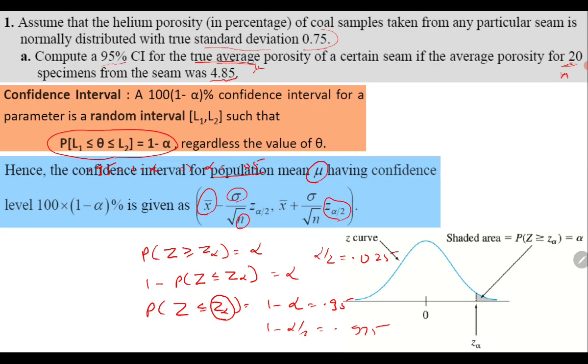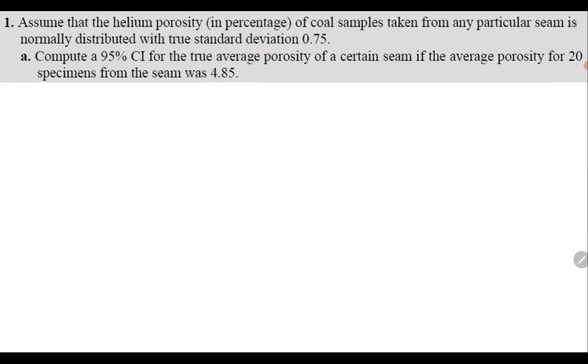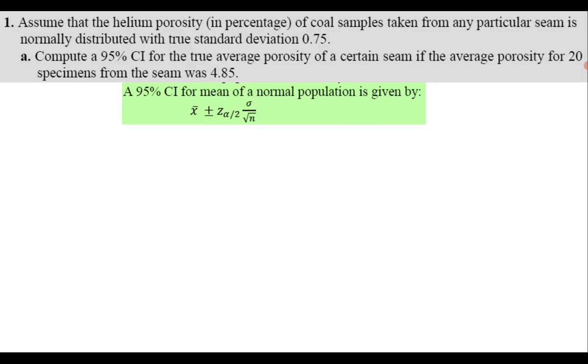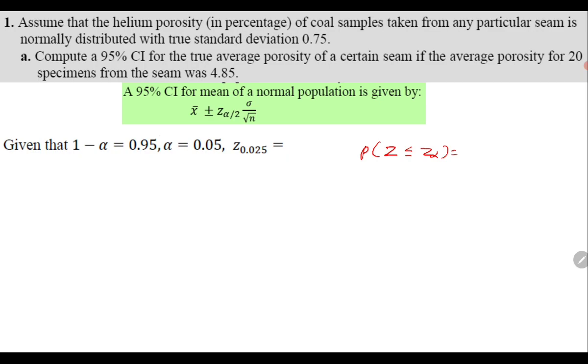We will see from the table how it looks. This is what we are looking for. As I have already told, 1 minus alpha is 0.95, alpha is 0.05, and that's why z alpha by 2, which means z of 0.025. So the probability of Z less than or equal to z alpha is 1 minus 0.025, which is 0.975. In the table you need to see the z alpha by 2 for which this probability is 0.975.